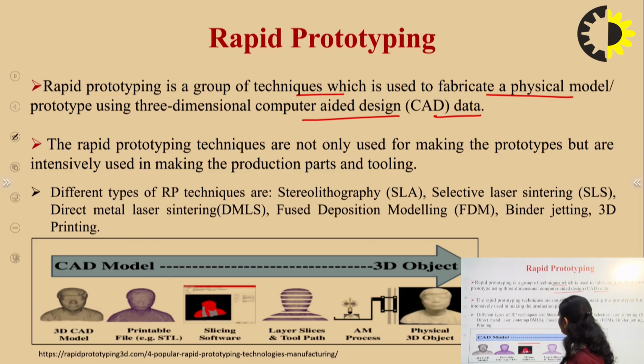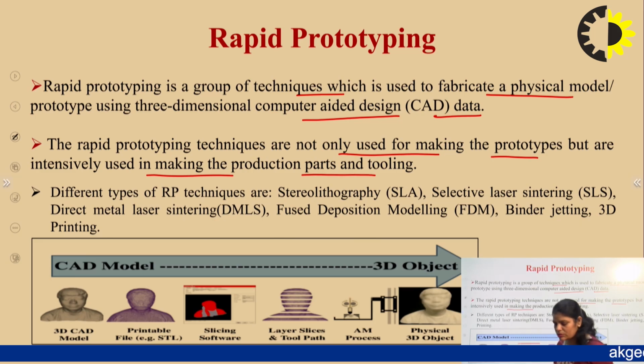Okay, so rapid prototyping techniques are not only used for making prototypes, but these are used for making production parts and tools, etc. Integrated products or complex products which cannot be produced with the help of machining or other manufacturing processes, we can produce with the help of rapid prototyping techniques.